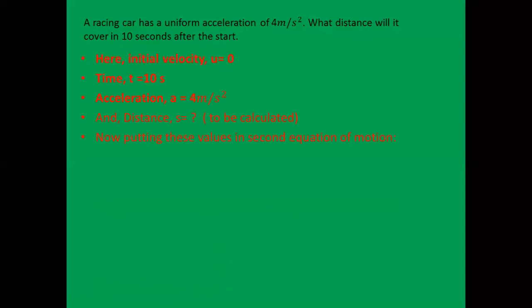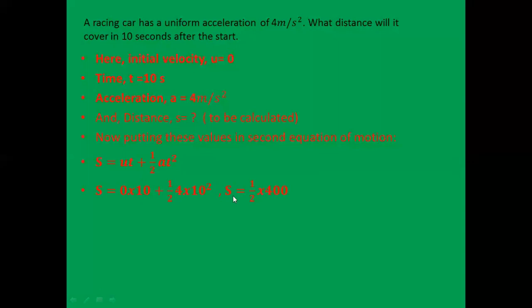We put all these values in the second equation of motion, s equal to ut plus half at². Here u is 0, so 0 times 10 seconds, plus 1/2 times a, which is 4, times 10 squared. The first term becomes 0.